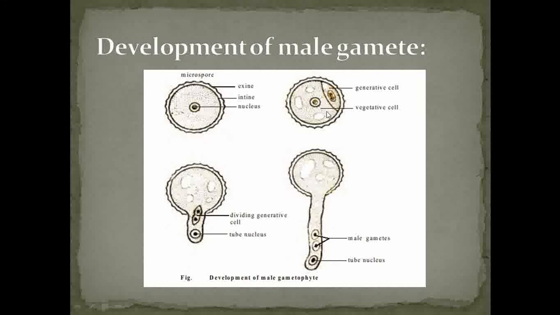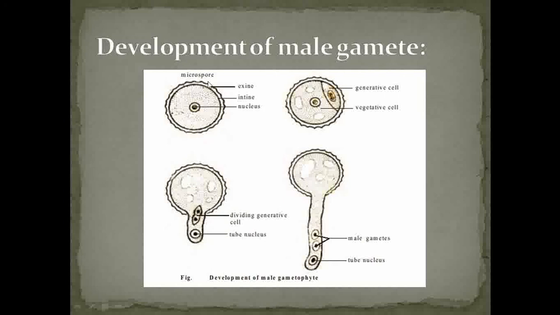The vegetative cell undergoes division to form the pollen tube nucleus, while the generative cell undergoes division to form the two male gametes. Then during the later developmental stages, the pollen tube nucleus degenerates, and the pollen grain shows only the presence of the pollen tube and the two male gametes. This formation of two male gametes is called the development of the male gamete.